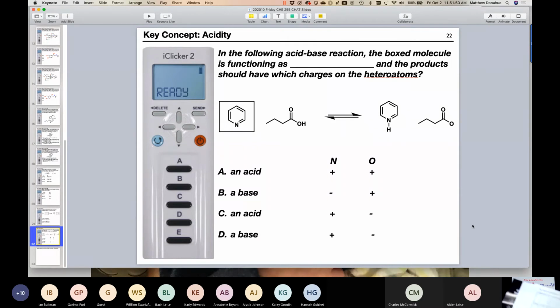So let me put up the workbook. This is page 56 in the first semester workbook. Let's look at example problem chapter 3, number 38. Show a mechanism for the following acid-base reactions.